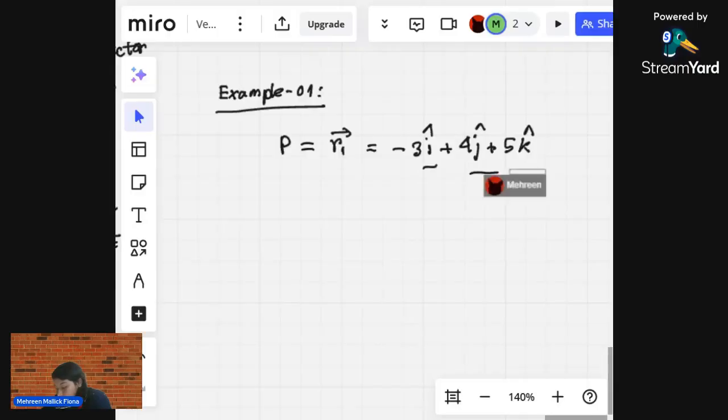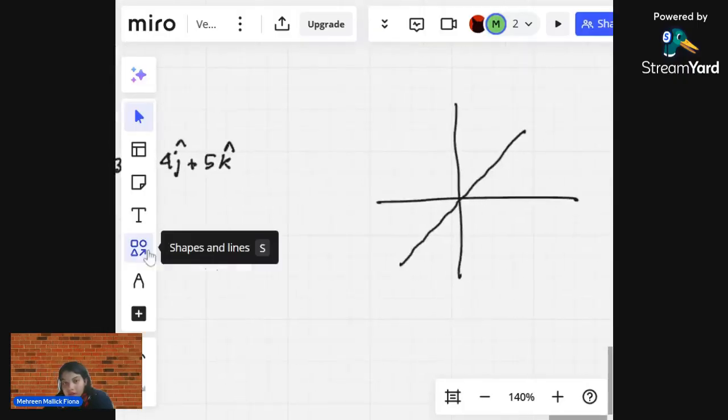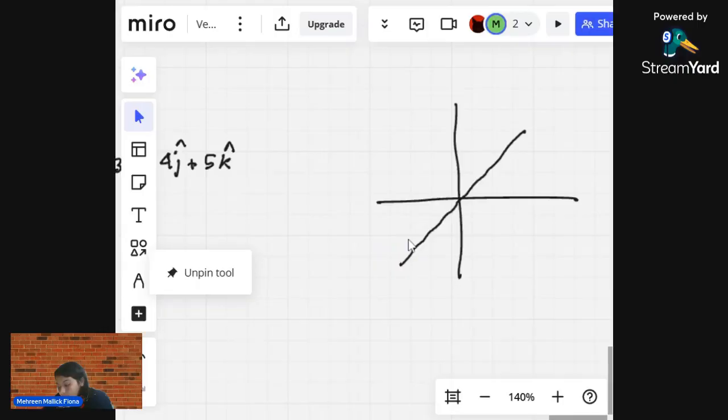We have three axes that we normally deal with when doing calculations in math. It is not drawn straight, but for the sake of understanding, this is the y-axis, this is the x-axis, and this one is the z-axis.